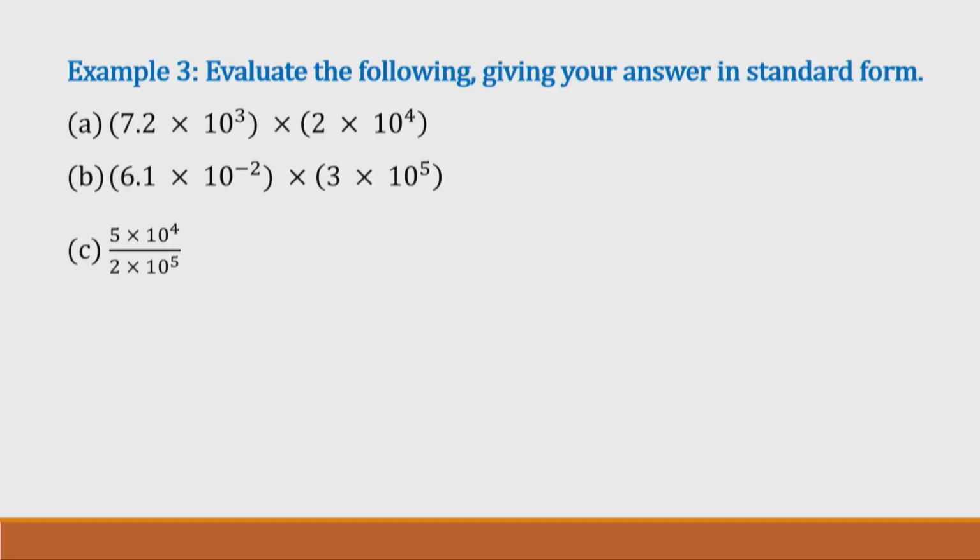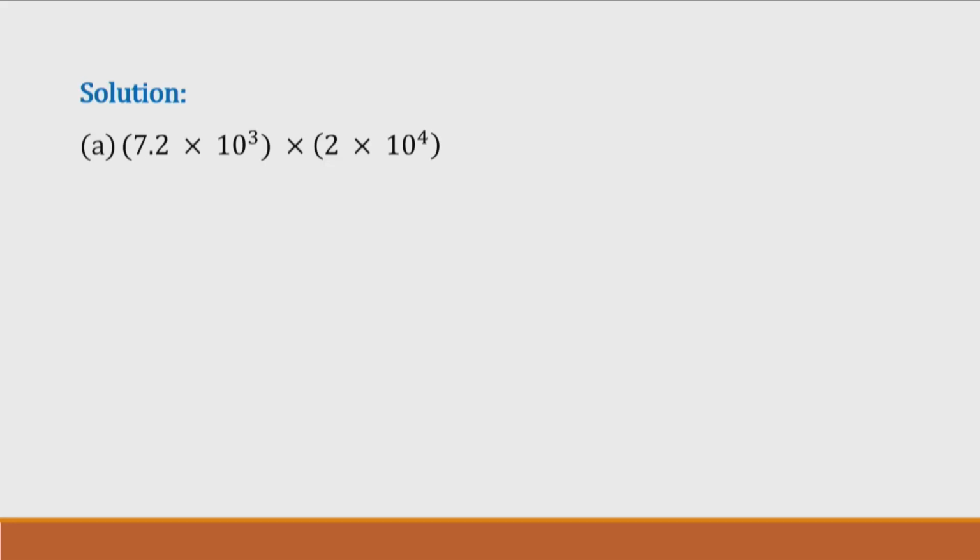Example 3. Evaluate the following, giving your answer in standard form. So part A. 7.2 times 10 power 3 times 2 times 10 power 4. So again, we are going to use our laws of indices.